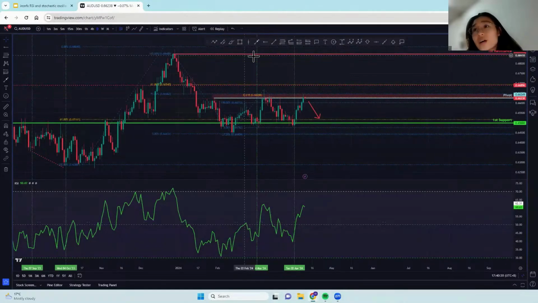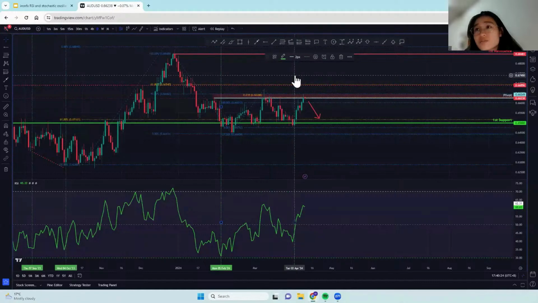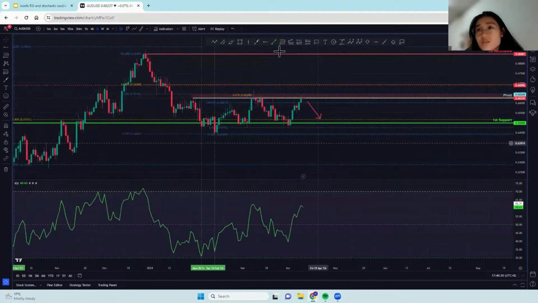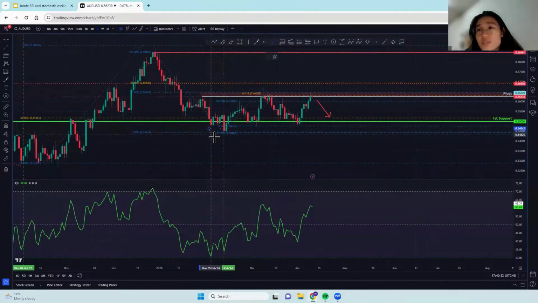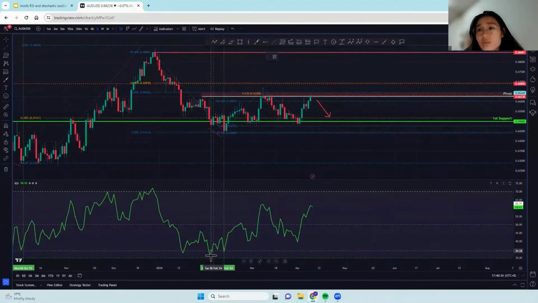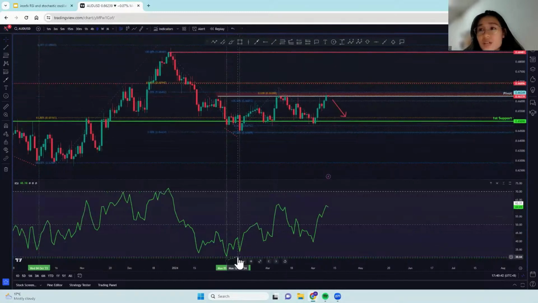A very simple one to identify is over here. You can see price making a lower low and our RSI making a higher low.